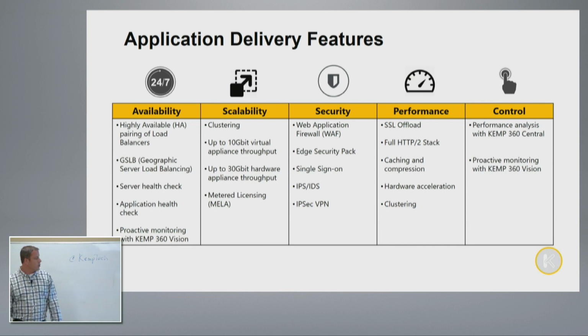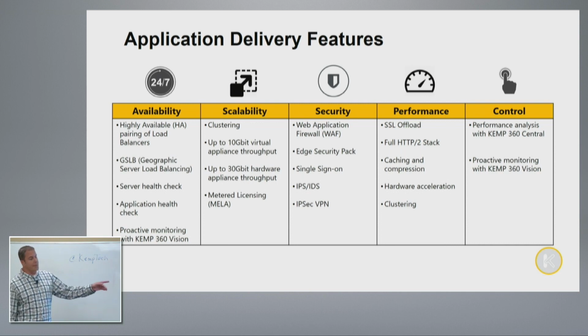I was throwing around these terms already, and really the key takeaway here is we have the ability to deliver to these customers, from availability using our global load balancing, to scalability with the required throughput and/or clustering to support any workload for any customer, to security with our WAF and IPS, and performance with our HTTP2.